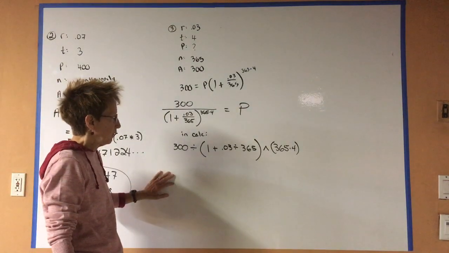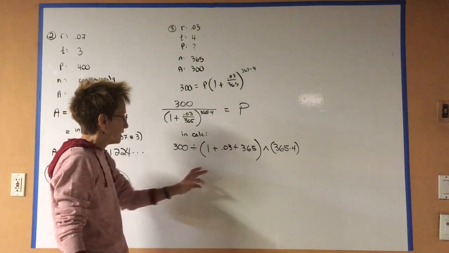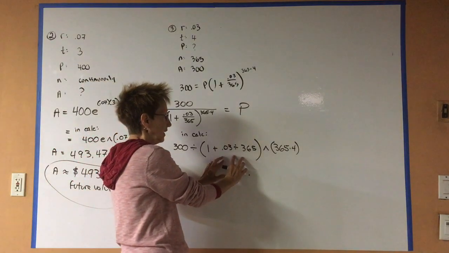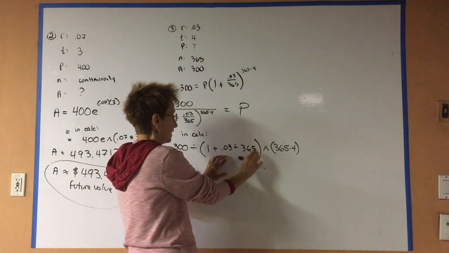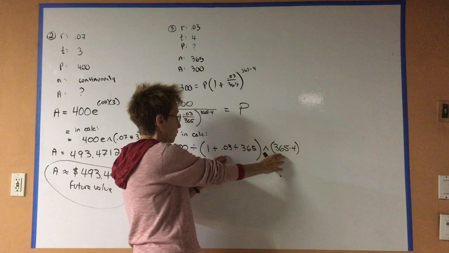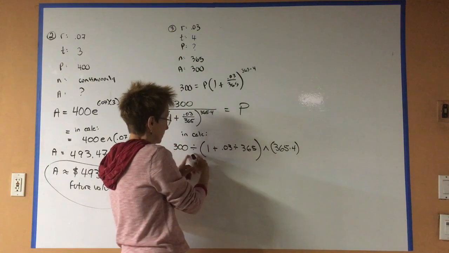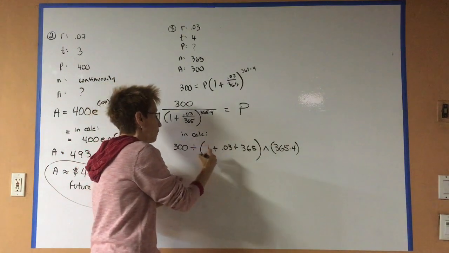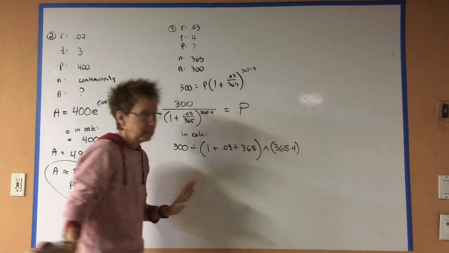But if I think about order of operations, it does parentheses, PEMDAS, right? Parentheses first, then exponents, so it's going to take this answer to this power, and then multiplication and division from left to right, so it'll do my division. So this should be fine. Is there anything wrong with putting an extra set of parentheses in there?